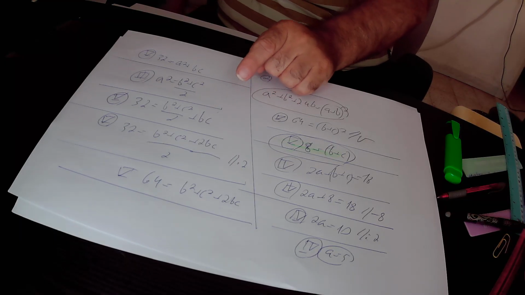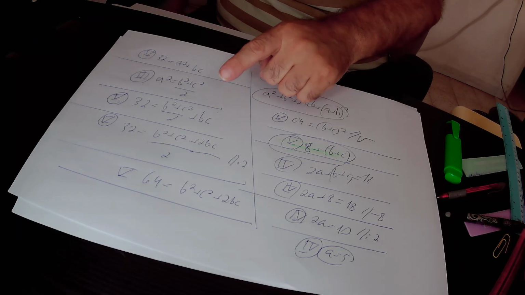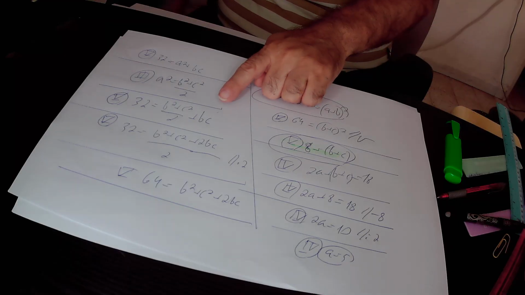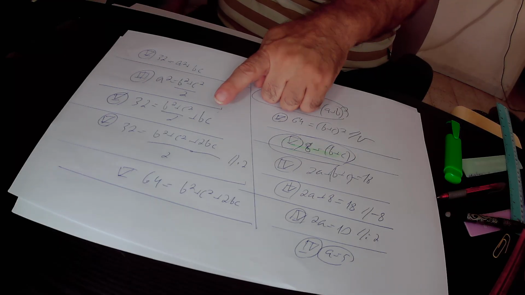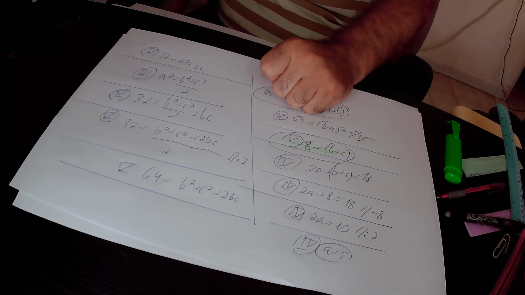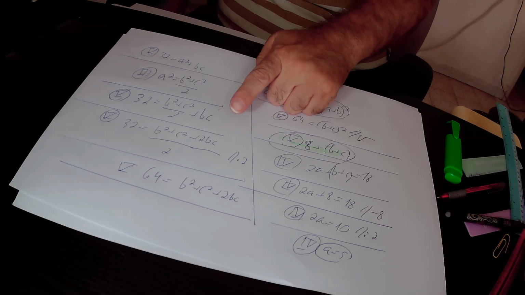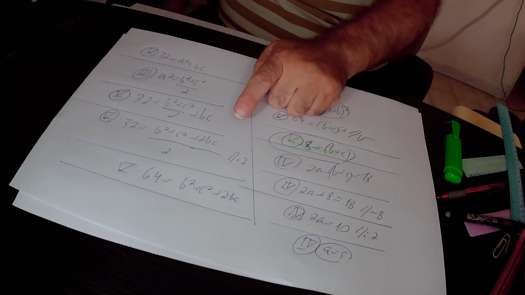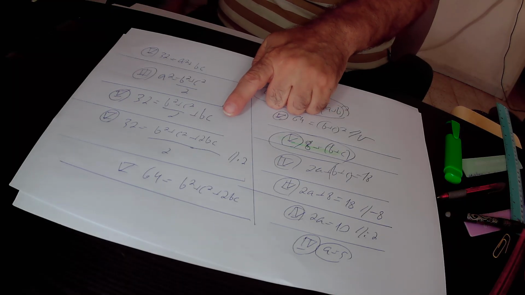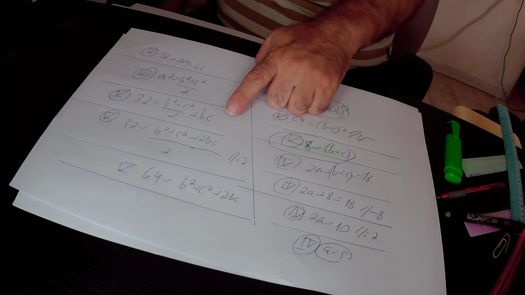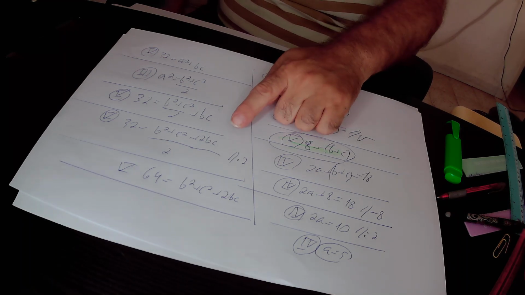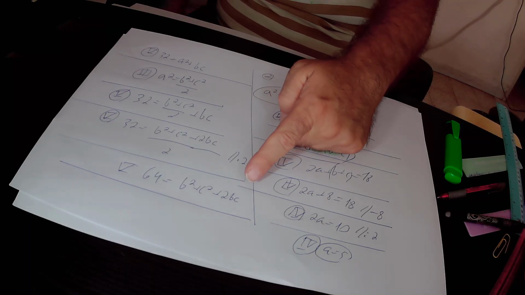And we found that 32 equals B squared plus C squared over 2, plus 2 times BC over 2. So in total, 32 equals B squared plus C squared plus 2 times B times C, over 2. Here we multiply this equation by 2, and we found that 32 times 2 is 64, equals B squared plus C squared plus 2 times B times C.